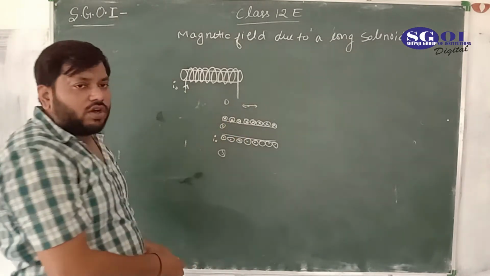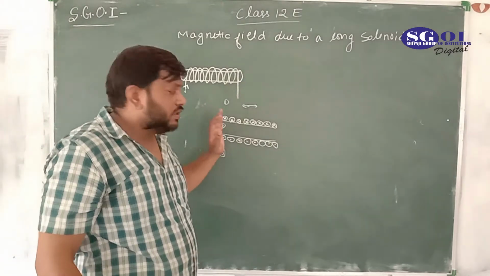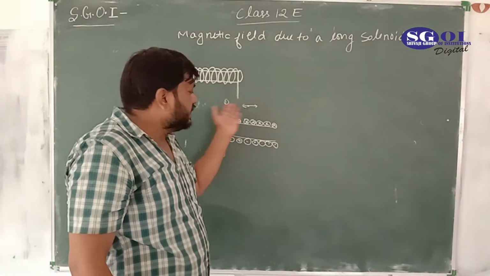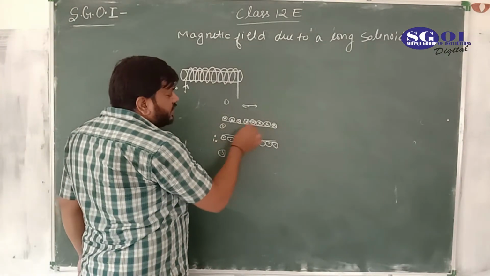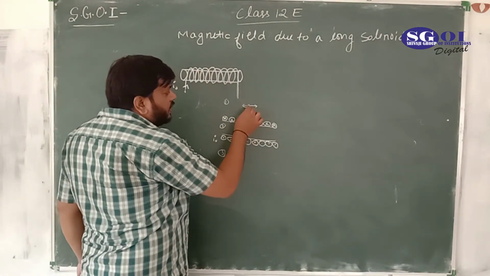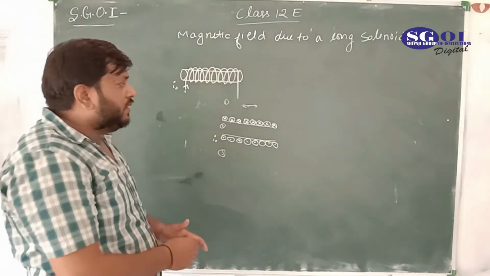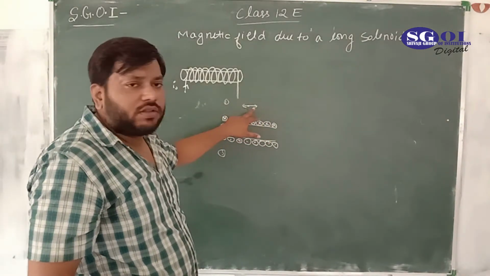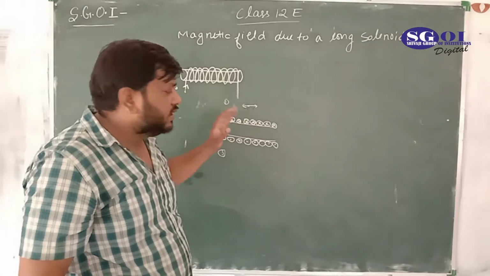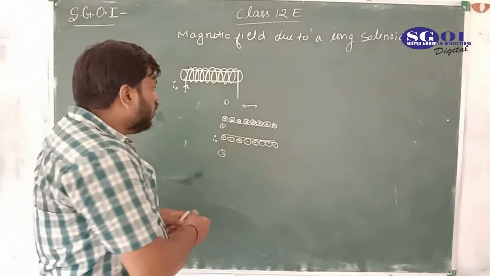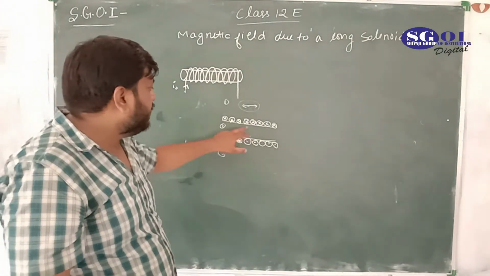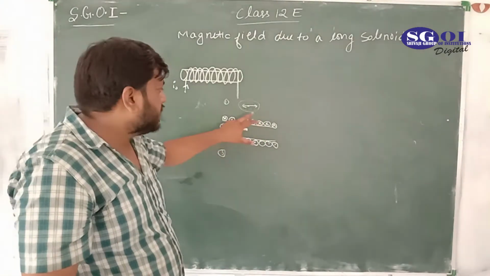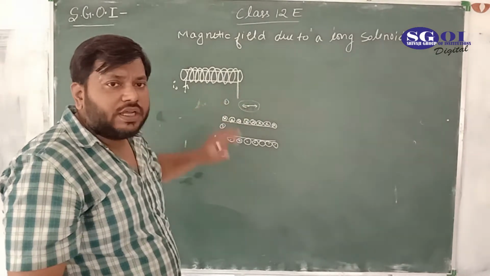So the contribution because of these elements is in the opposite direction, and we are seeing here the distance of these elements from this point is less, which means the magnitude of the magnetic field because of this would be large. So overall, the net magnetic field, the resultant magnetic field because of all of this, is the subtraction of these two elements.